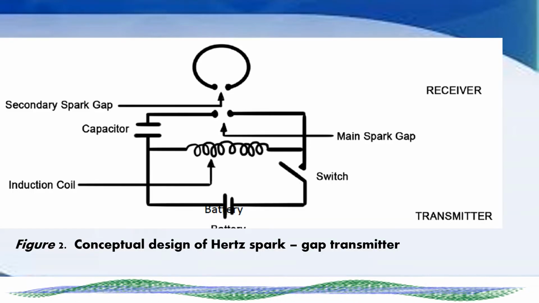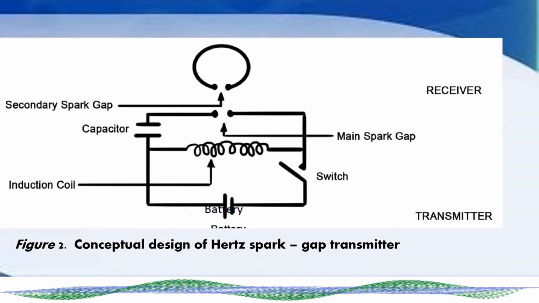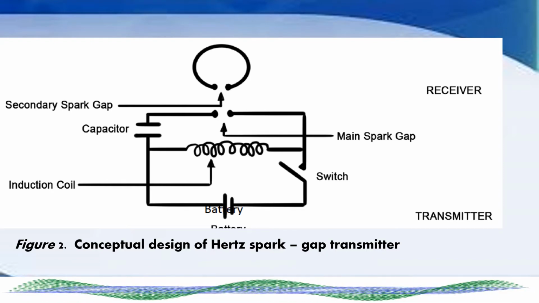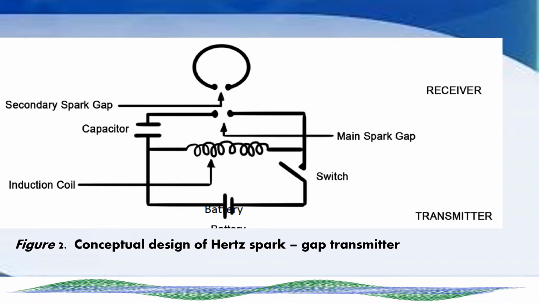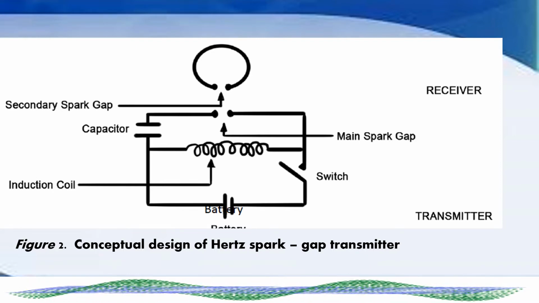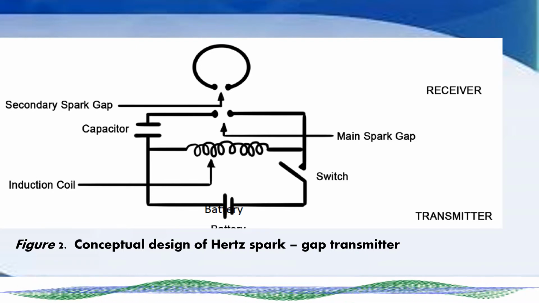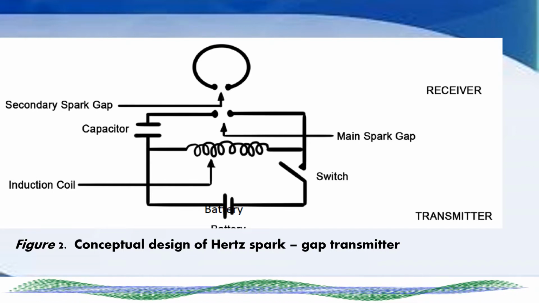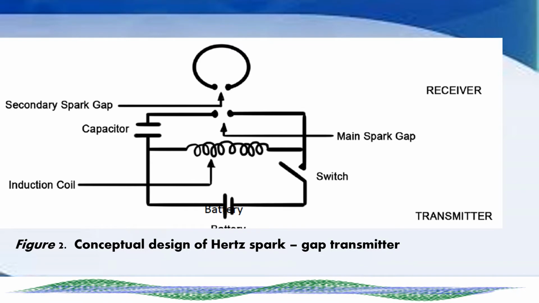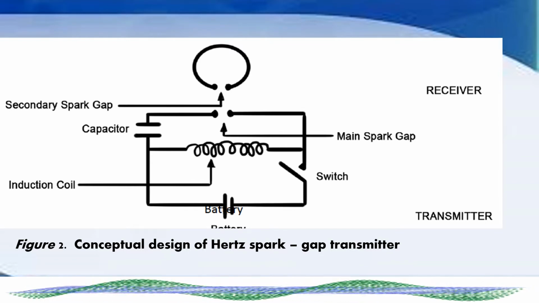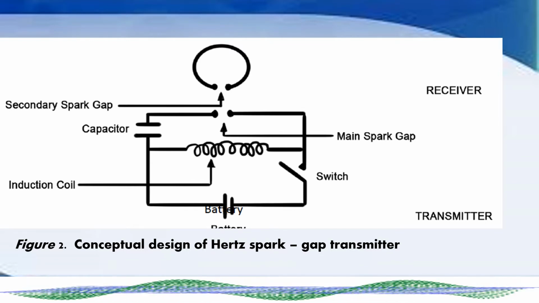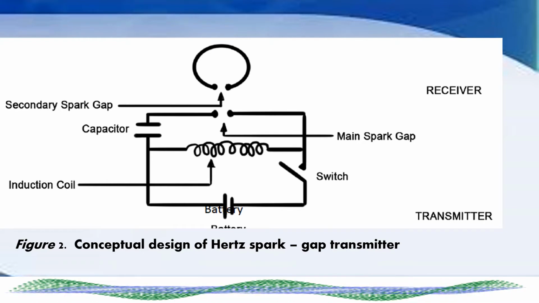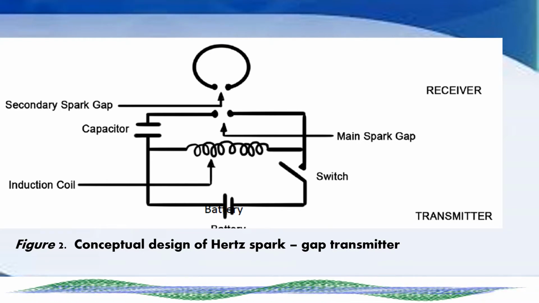Okay, this is Figure 2, the conceptual design of Hertz's spark gap transmitter. Hertz put up his spark gap transmitter. As he was already experimenting to prove Maxwell's theory, he hoped that his electrical apparatus would transmit electromagnetic waves.